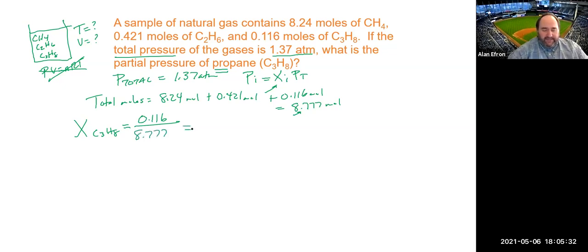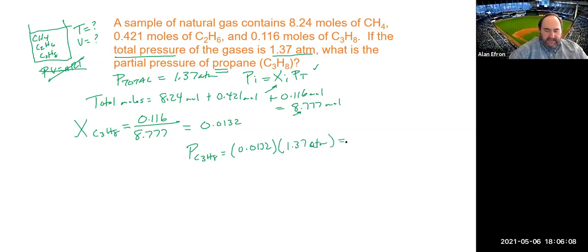If we do that, 0.116 divided by 8.777 gets us something like 0.0132, or really about 1.3%, the mole fraction of our propane. We then can use our formula for propane. That means the partial pressure of propane would equal the mole fraction of propane times the total pressure that was given to us in the problem.